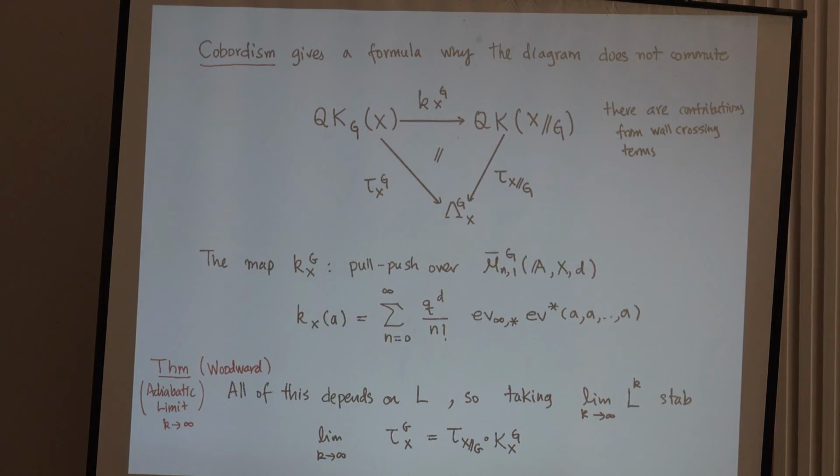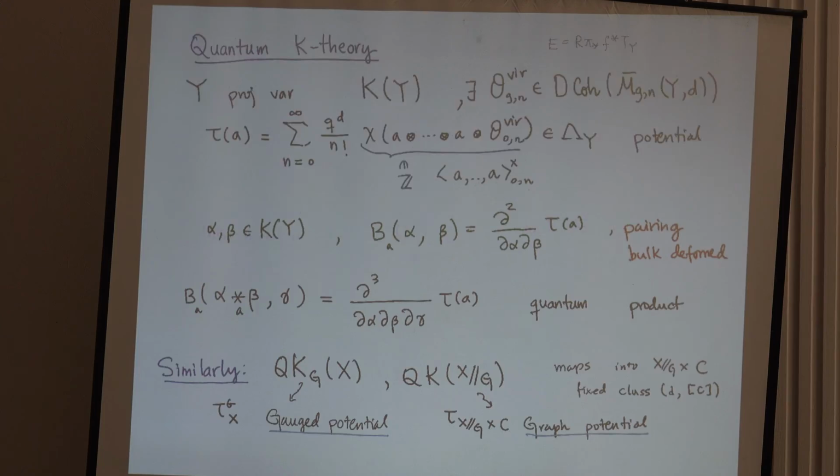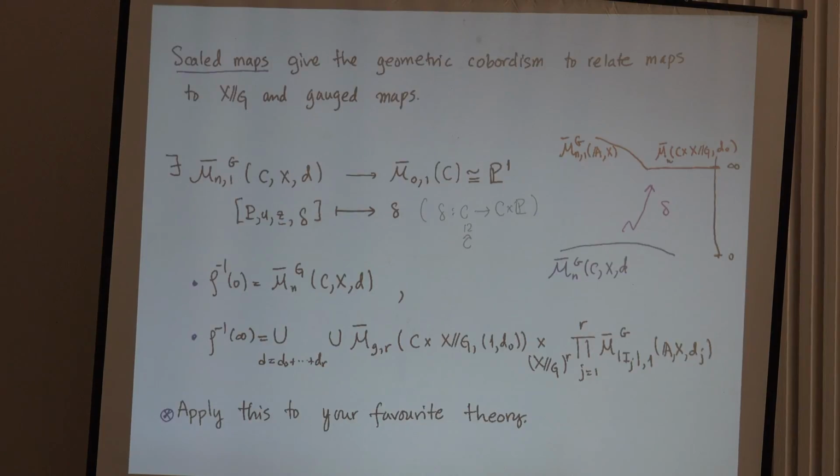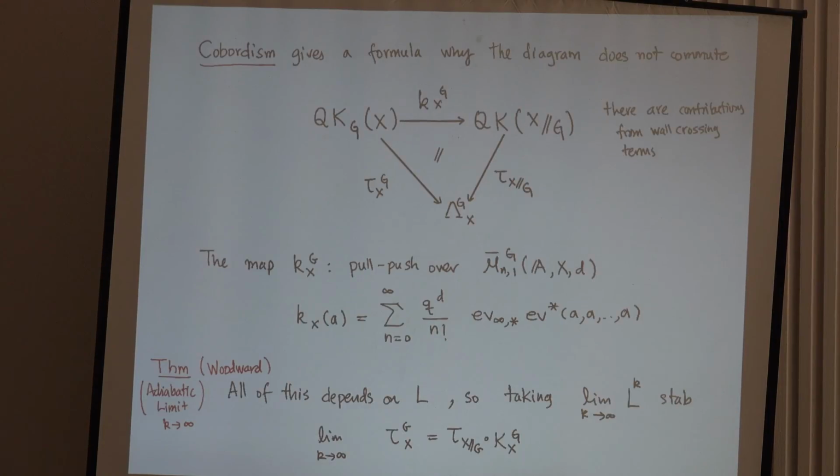So the cobordism that we had before, remember this cobordism, the important one is this geometric one, so I should probably point out this one is the one that interests us. And so whenever you apply, say, quantum K-theory, what it gives you in the limit is a commutative diagram that goes from the quantum equivariant K-theory of X into the usual quantum K-theory of X mod mod G, and then you have two potentials.